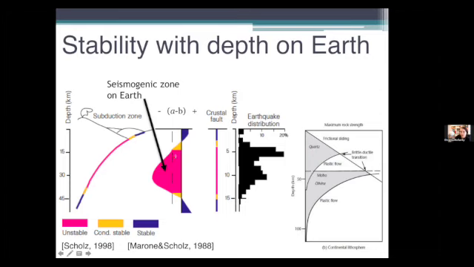It was found that not in every case, not in all situations, but a good number of earthquake source regions happen in this so-called seismogenic zone. So what we wanted to know is if this could happen on these icy moons where there's this really huge thermal gradient. And just a little teaser.